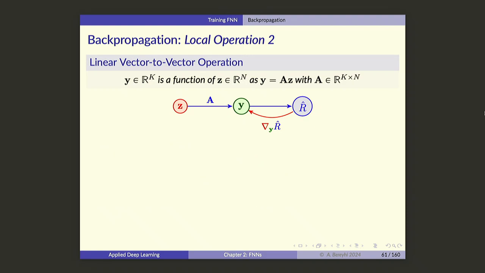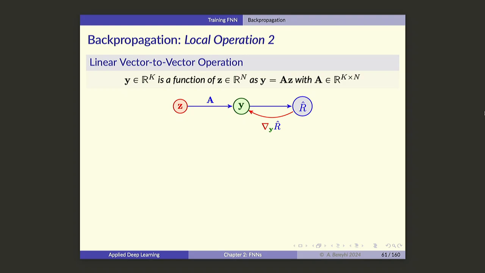The next operation that I am considering is a matrix-vector product, meaning that I assume I have my z, a vector of some dimension, and I multiply it with one matrix, which I do know. That matrix is A. After multiplying with A, I get y, and from y I get r hat, right?